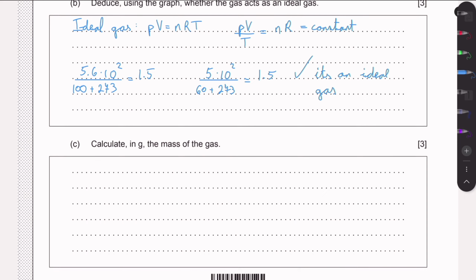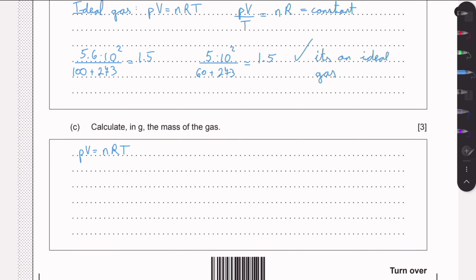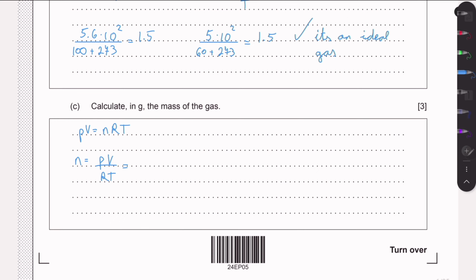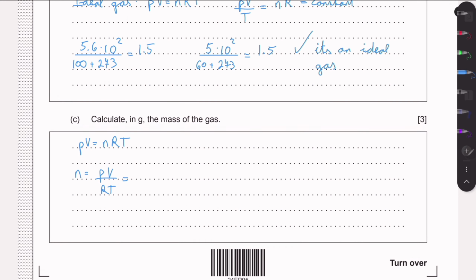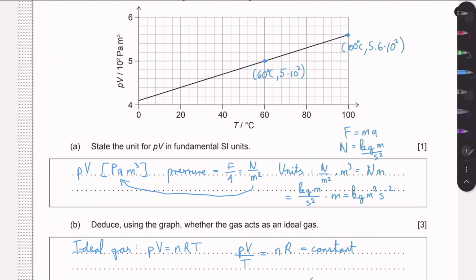So we need to calculate the number of moles, for which we will again use the ideal gas equation, PV equals nRT. From this we see that n will be PV over RT. Again, we just need to plug in the values. What we can do is take one of the points we have already chosen.